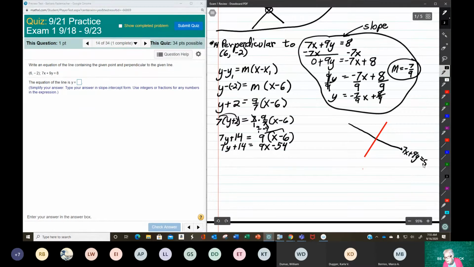That's the line we were given. It's going to look kind of like that because it has a negative slope. We're trying to find the equation of a line that's perpendicular to this line, and that happens to go through 6, -2. This red line will go through 6, -2, and it will be perpendicular to this line, which means it crosses at a 90-degree angle.